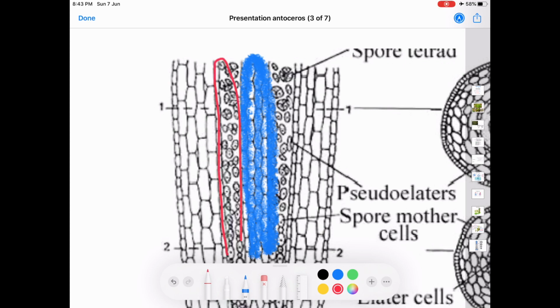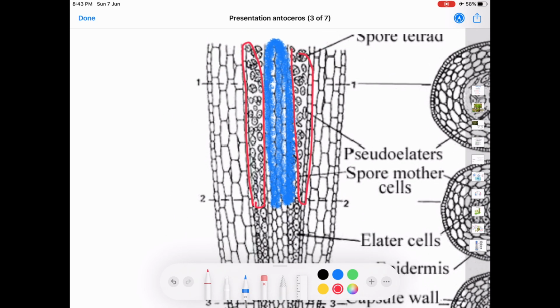See this layer, this is the sporogenous tissue, which surrounds the columella from outside. The outermost layer is the capsule wall. This region is the capsule wall, and it is 4 to 6 cell layers in thickness.